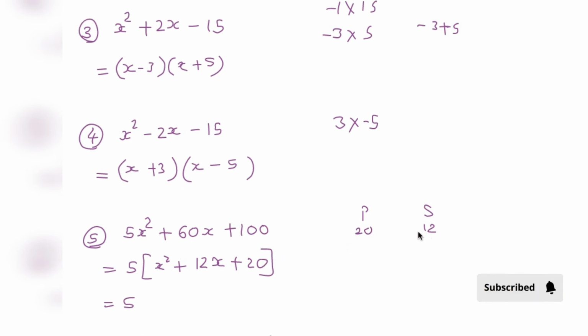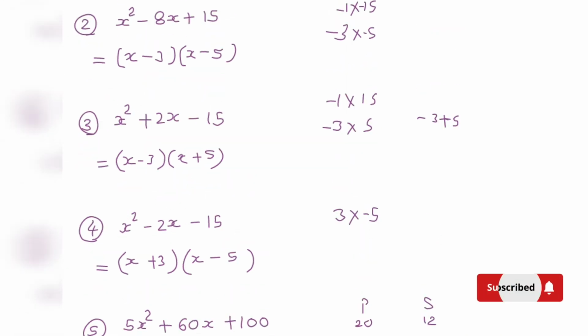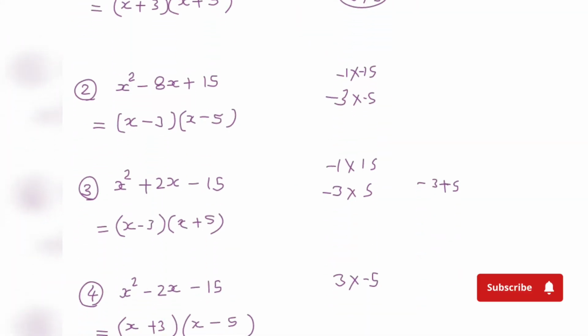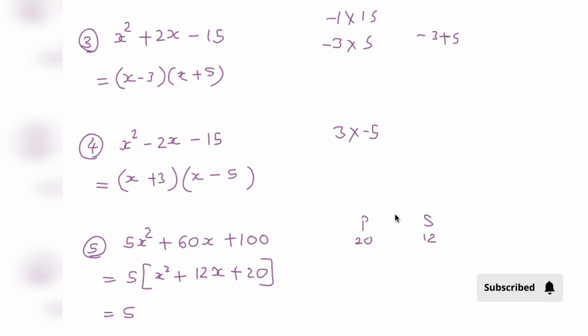Both are positive, so product is positive and sum is positive, so both numbers are positive. 1 times 20 is not 12, but 2 times 10, yes, 2 plus 10 is 12.